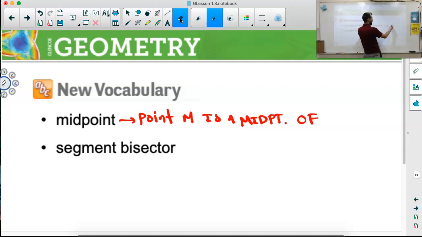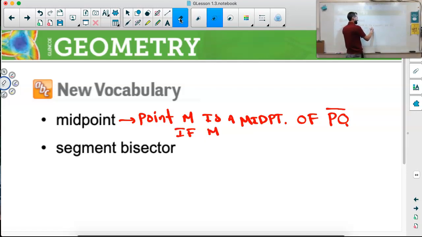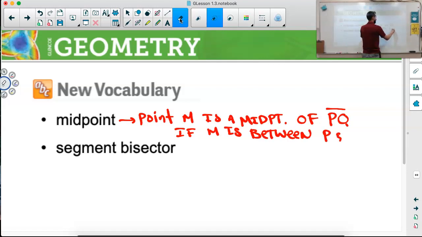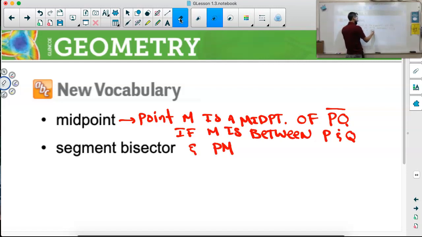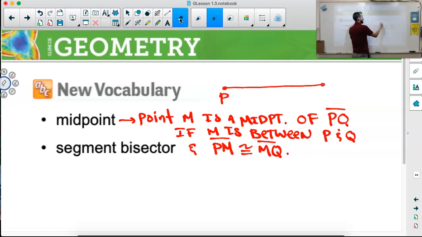So M is the midpoint of segment PQ if M is between P and Q, and the segment PM is congruent to the segment MQ. Basically, here's your picture. Here's P, here's Q. M is the midpoint if it breaks it into two equal parts.